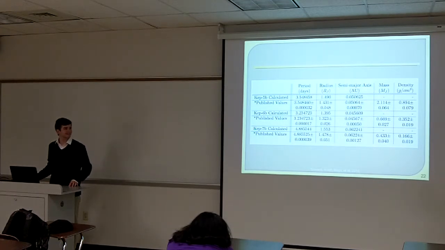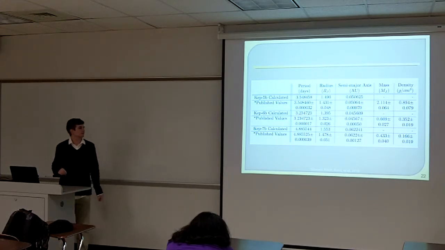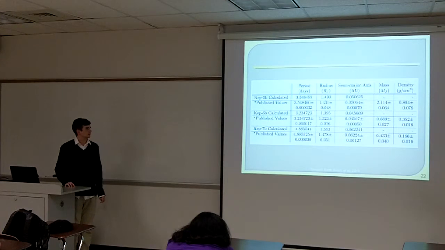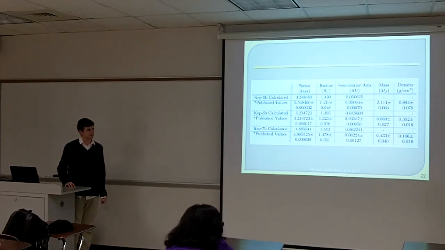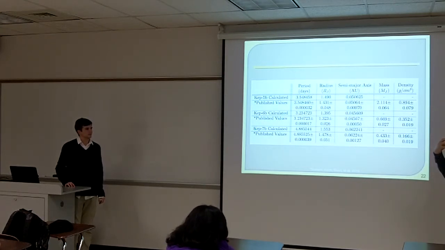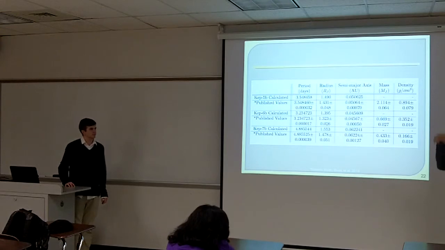Right. I had another question. Should we be seeing a second dip in the light curve when the planet goes behind the star? Or is that not how it works? If the planet's big enough and it's covering the star, it absorbs some of the light from the star, so there's a dip. That's the main dip.